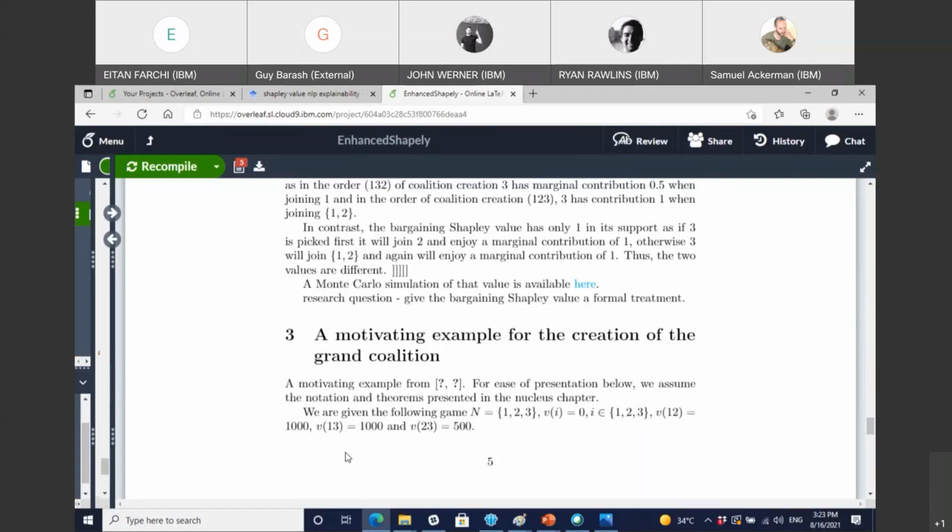And 1 can break that because he could approach either 2 or 3 and offer slightly more than 250. But then the one that is left outside can approach 2, or if 3 is left outside, it can approach 2 and offer a little bit more money if it's getting less than 250, and so on. So what do you think is going to be the result of this? Do you see where this will land? Any intuition?